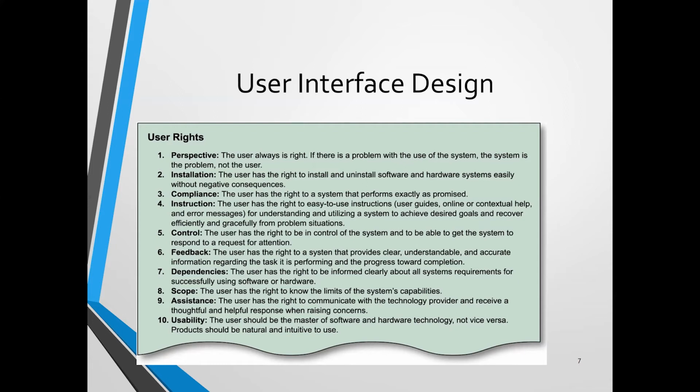The first one, in terms of perspective: users are always right. You cannot say that this one is wrong. In terms of user interface design, they are always right. If there is a problem with the use of the system, the system is the problem, not the user.